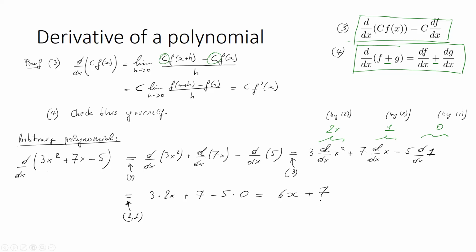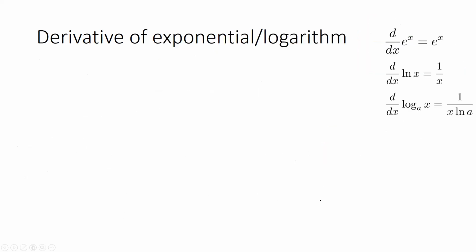So those are the fundamental rules for polynomials. There are a few more rules to cover, but we will not do all of them in detail. So the next two concern the derivative of the exponential function and the derivative of the natural logarithm.